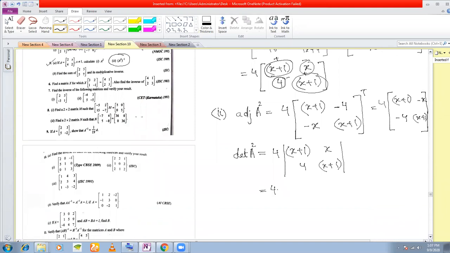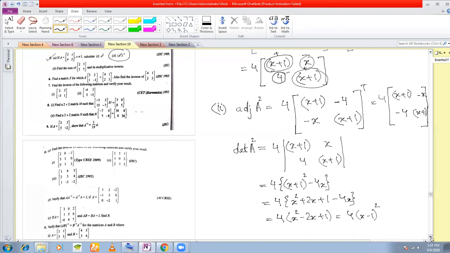So how do I check? 4 times (x plus 1) whole square minus 4x. Expanding, x square plus 2x plus 1 minus 4x, so you get 4 times x square minus 2x plus 1, which is 4 times (x minus 1) whole square.